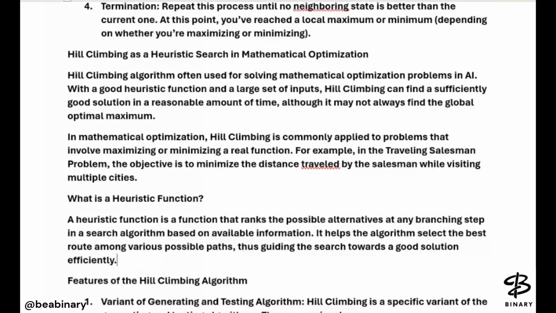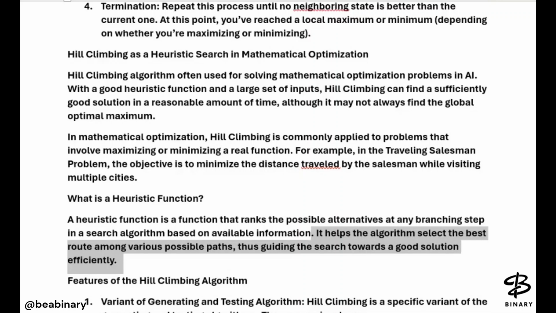So a heuristic function is a function that ranks the possible alternatives at any branching step in a search algorithm based on available information. It helps the algorithm select the best route among various possible paths, because it ranks the alternatives at every branching of the search algorithm.